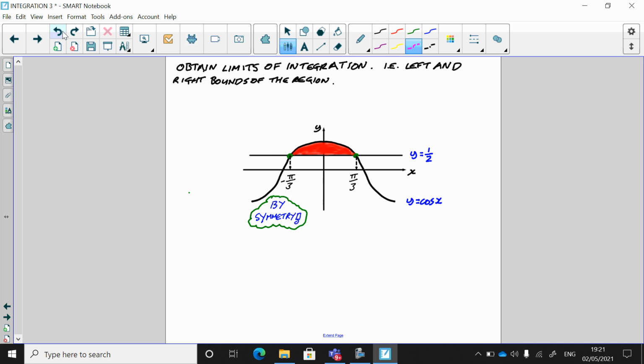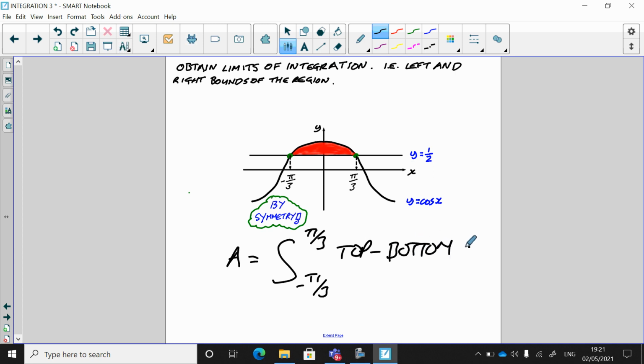Okay, so it looks like we can go and work out the area. I'm actually going to write this down here. So the area is the integral of negative pi over 3, top minus bottom. Right, I'm putting this down here just so we can see the picture with regards to x.